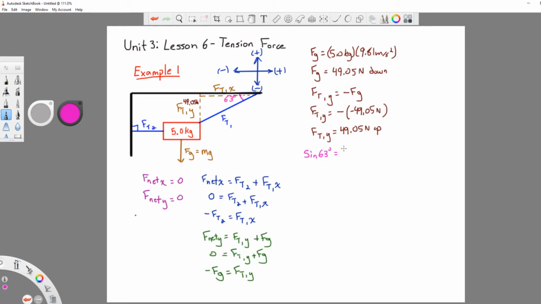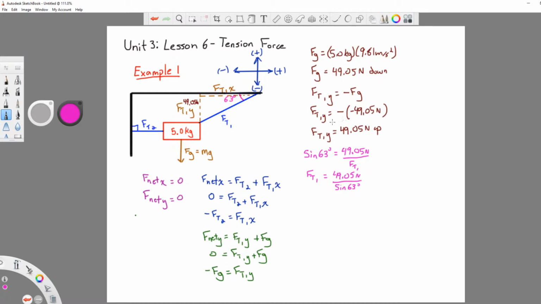So that's equal to 49.05 newtons. Right? This is our opposite side to our angle. And we're solving this hypotenuse length, over Ft1. So rearranging this, Ft1 is equal to 49.05 newtons over sine of 63 degrees.